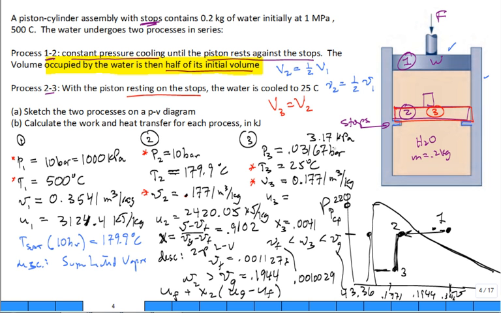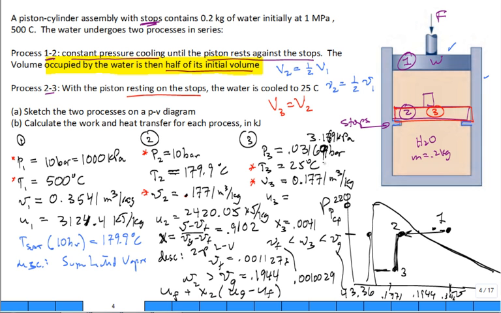True? Saturation pressure at 25 degrees C out of table A2. 3.169. Right? Did I fix it?